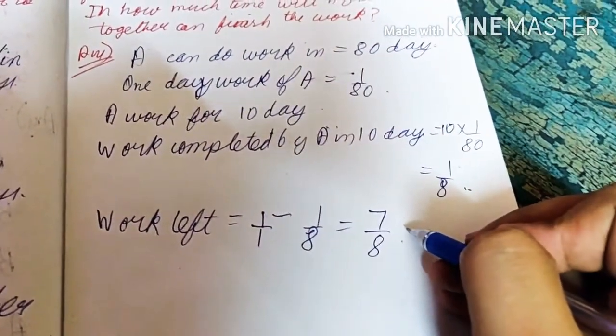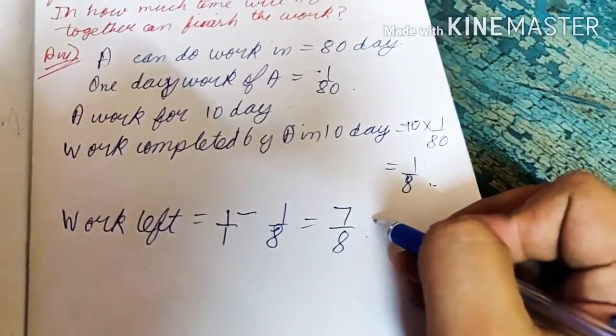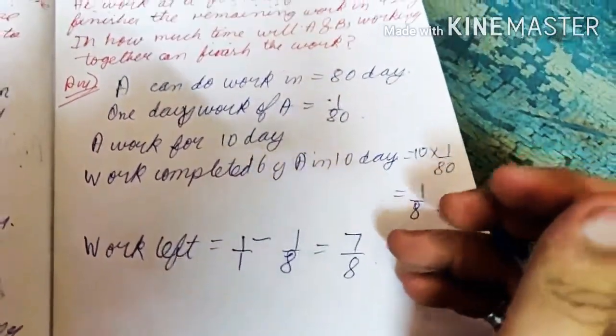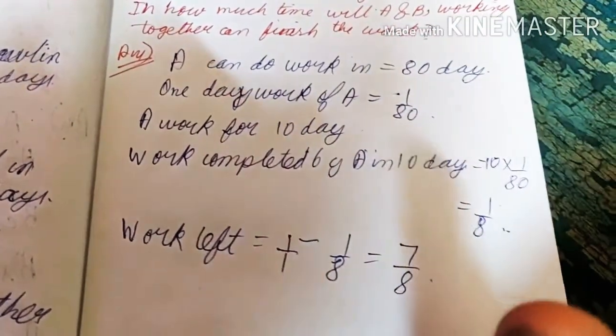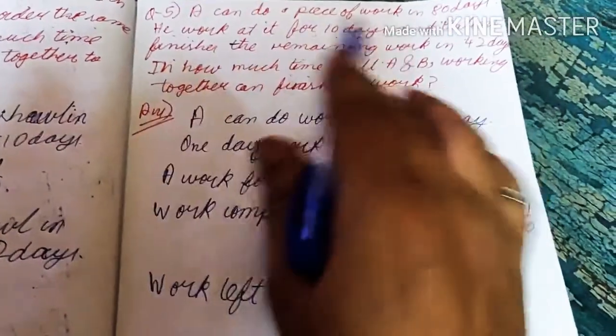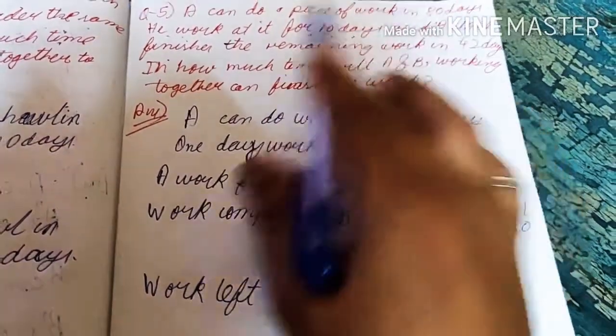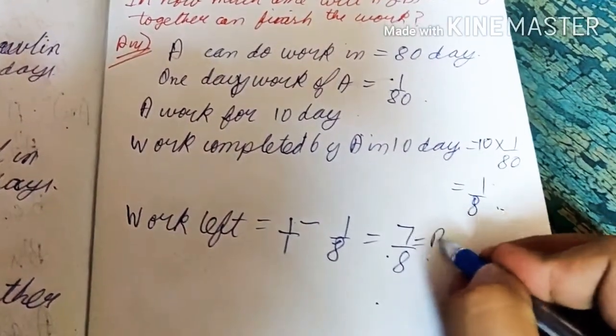Then A works for 10 days, completing 1 by 8 of the work. Then he leaves. Then 7 by 8 of the work was left. That is done by B. B alone finishes the remaining work.